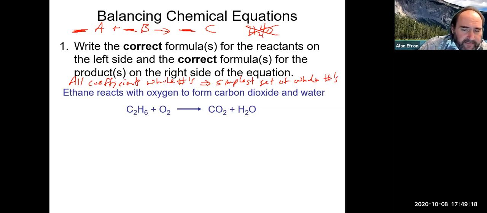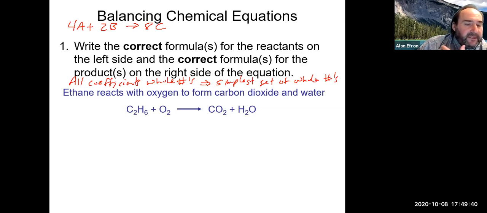So what I mean by that, for example, is let's say we had a made up equation here. Let's say we took 4A plus 2B gave us 8C, and we'll say that this equation is balanced.